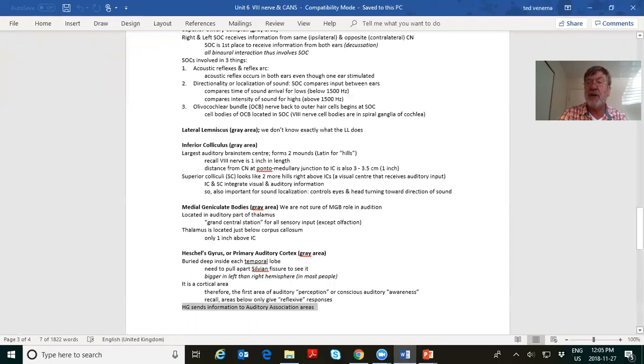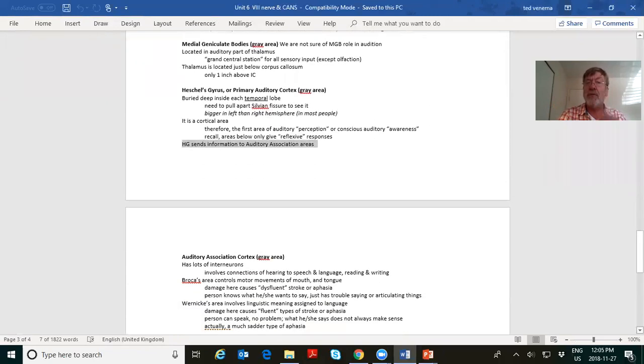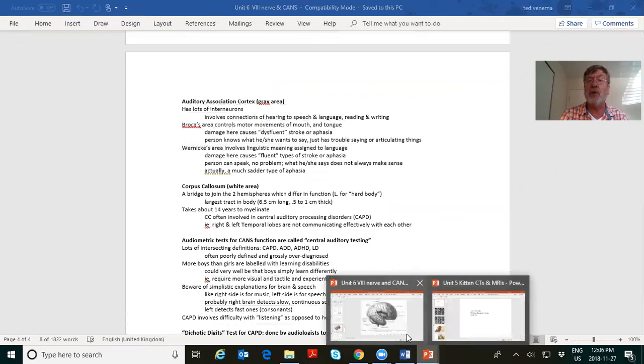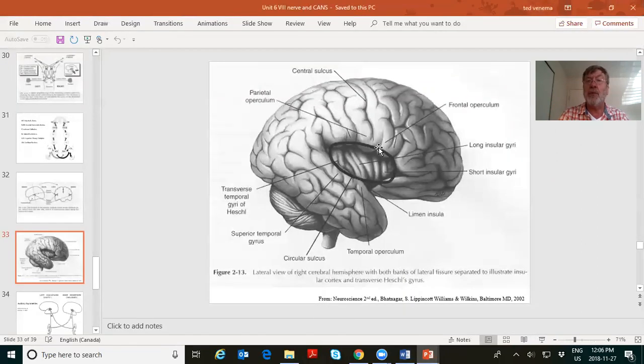Association areas, we go to the top of page 4. Auditory association areas. 2 of them to put a star by. Broca's area, Wernicke's area. Let's look at these here. Where would they be? Broca's area, right where I'm circling. Wernicke's area.